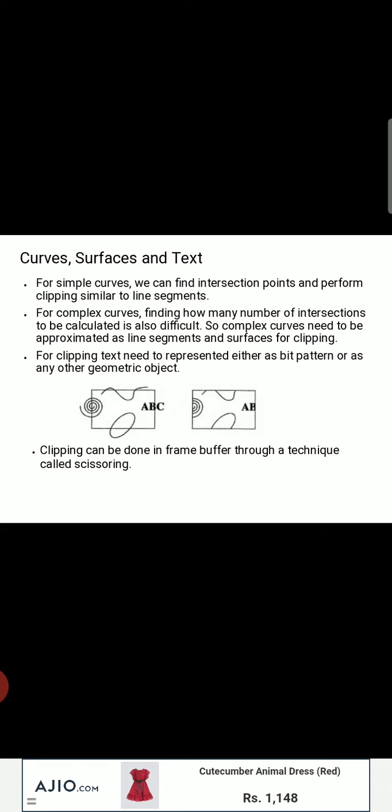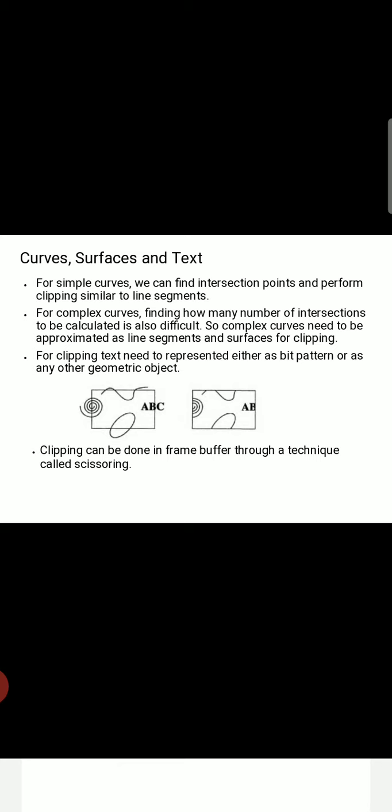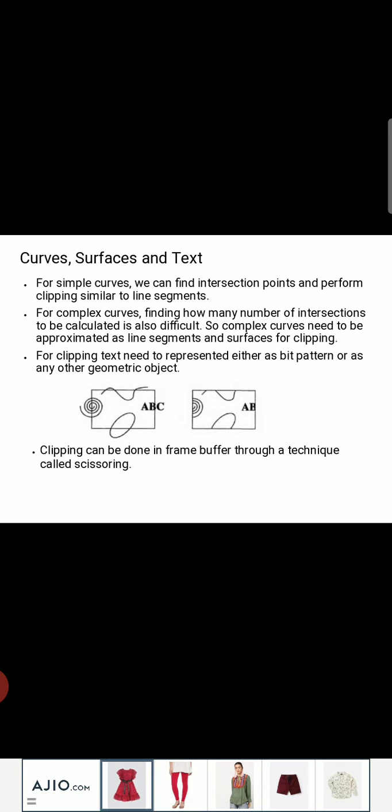Curves, surfaces and text can be clipped with different approaches. For simple curves, we can find intersection points and perform clipping similar to line segments. For complex curves, finding how many intersections need to be calculated is also difficult.